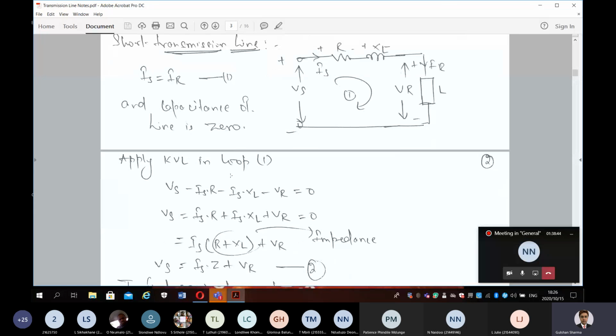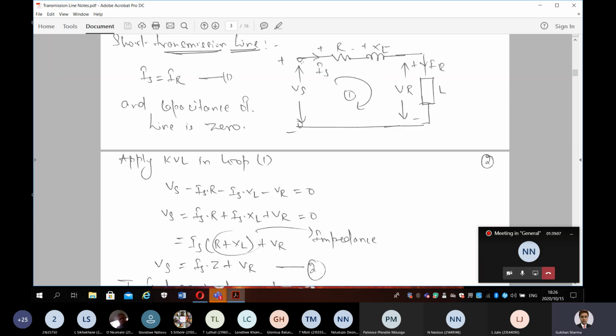After that, guys, it's very simple. Apply KVL in loop 1. I have written 1 to understand, and I'm moving in a clockwise direction. You see that I will move from this point like this, and I will come back here. I don't know how much you know about the mathematics, but power system is totally dependent upon all these conditions.